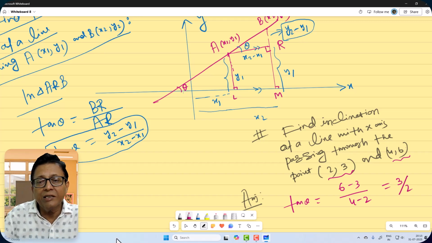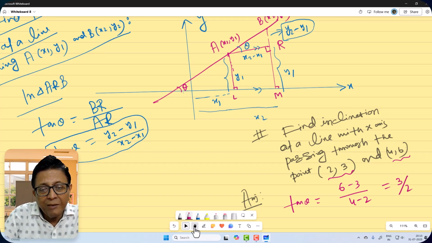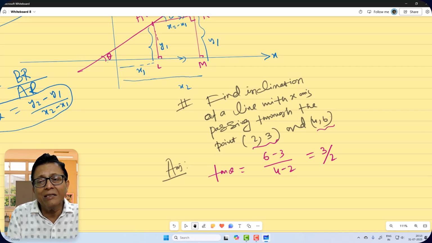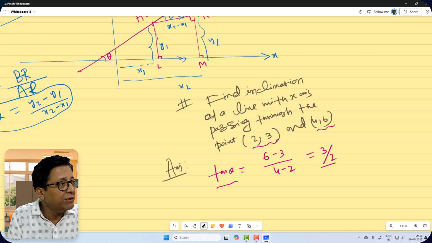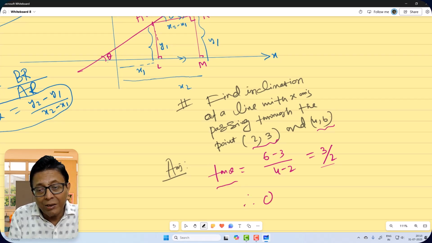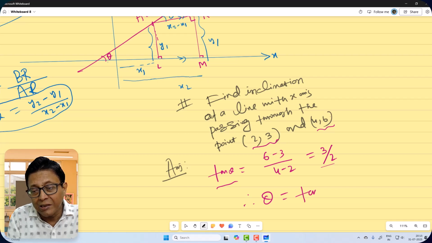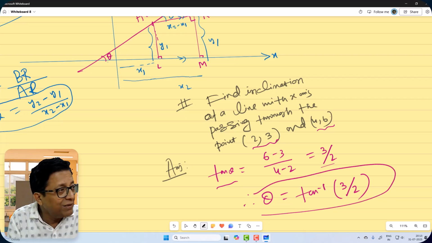Unfortunately this doesn't give us any particular angle. You can only say that theta can be determined from here. In your calculator, theta will read this one: shift tan and put 3 by 2 inside bracket. Then you will get theta.